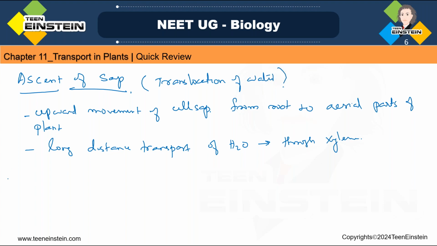Then to mention the mechanism of this ascent of sap, there are several theories. Many theories have been proposed, like vital force, root pressure, and cohesion tension theory.